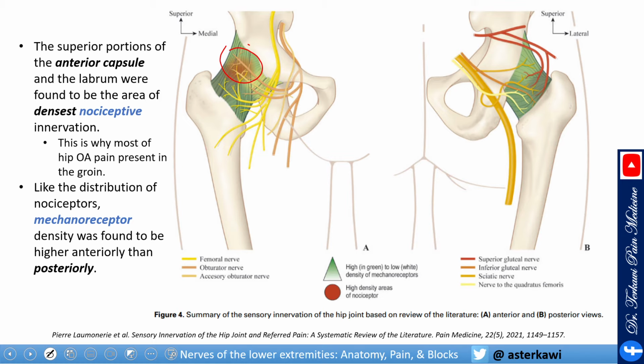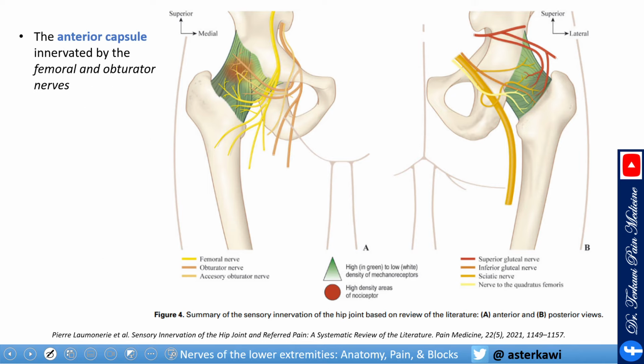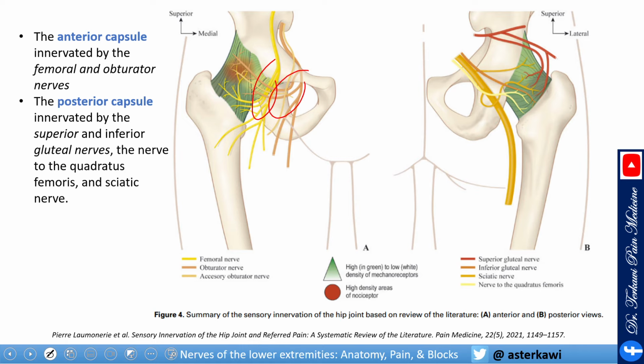While on the other hand, the mechanoreceptors are also anterior and posterior. So when we talk about innervation of the anterior capsule, it is innervated by the femoral nerve, which is these yellow branches, and the obturator nerve, which is these orange branches, and a small accessory obturator nerve.